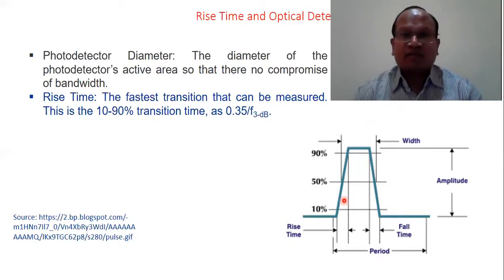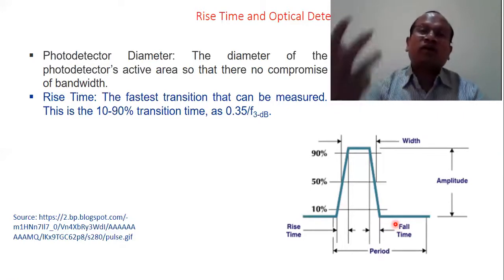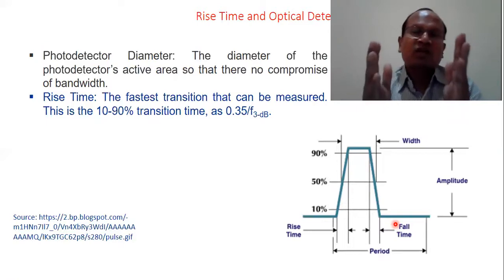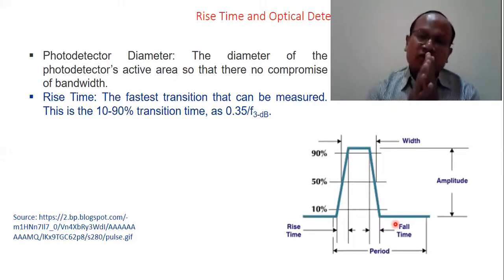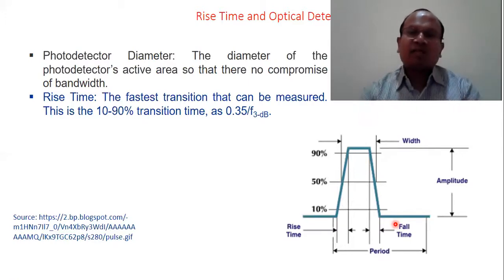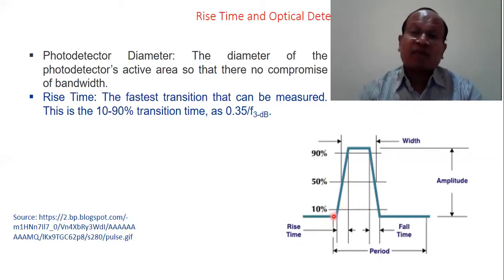But 10 to 90% is the standard one, especially when the signal is rising, because you do not know where the signal becomes 100%. So we choose two percentages of the maximum, that is 10% of maximum and 90% of maximum. When the signal attains 10% of maximum here, and attains 90% of maximum here, this difference is called the rise time.